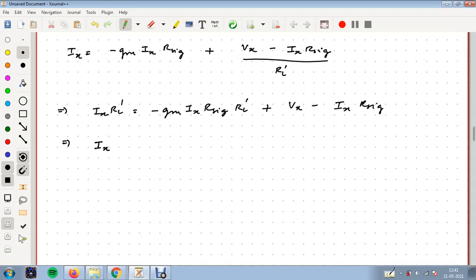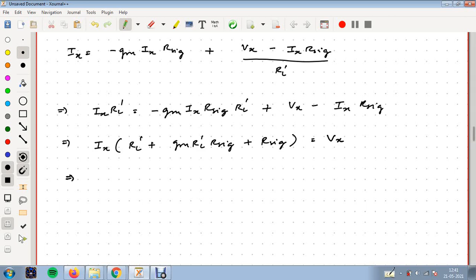Ix into RL prime plus Gm RL prime R signal plus R signal is equal to Vx.